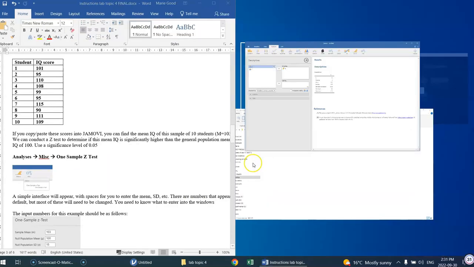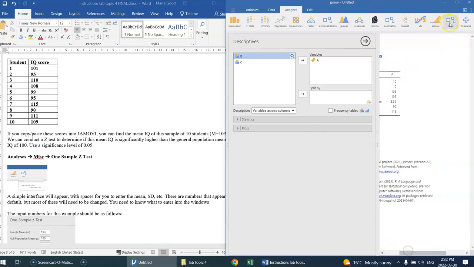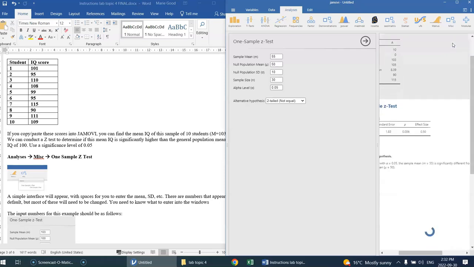Okay, so we're going to walk through these instructions, and we'll see that we kind of have to scroll over here to MISC. So analyses, MISC, one sample Z-test.